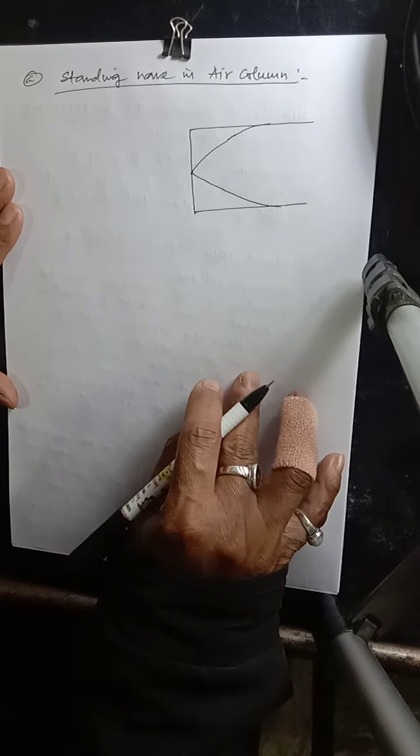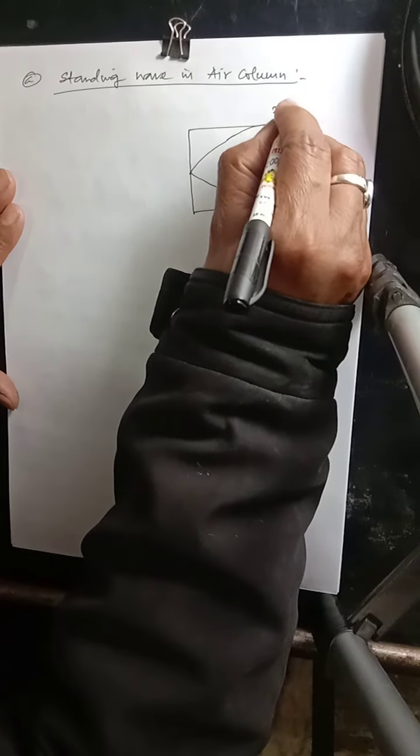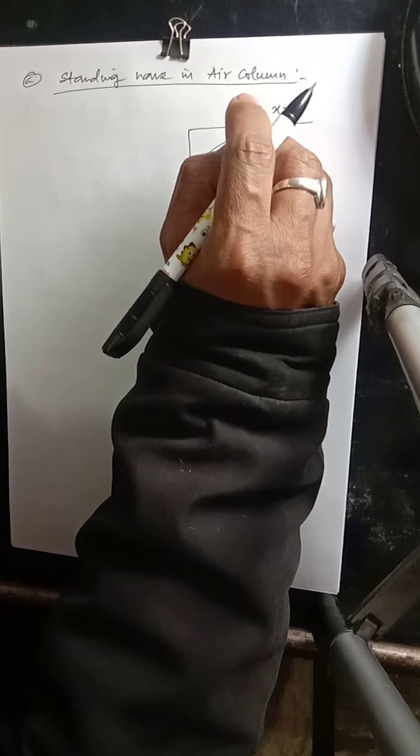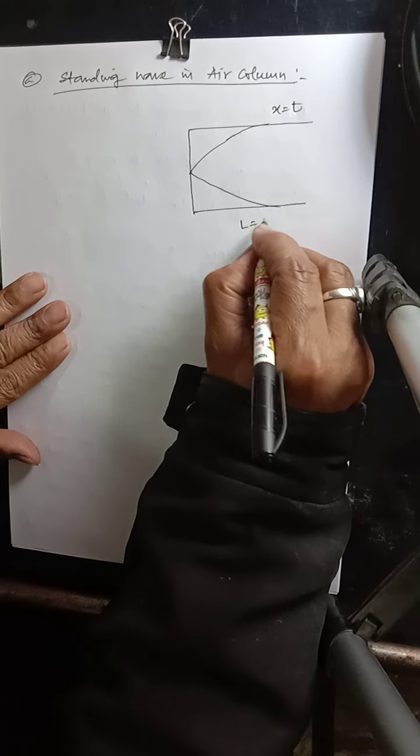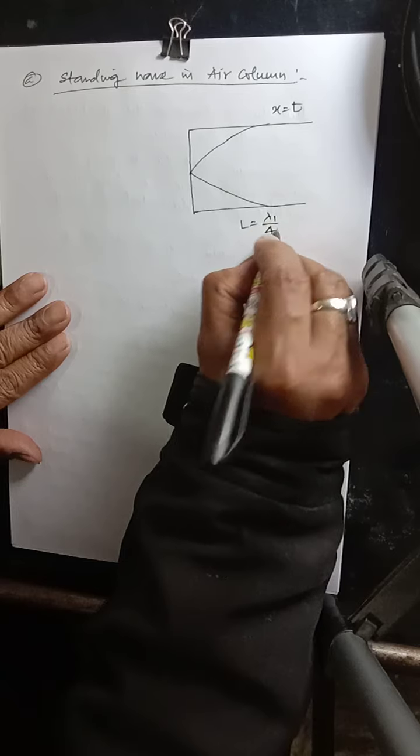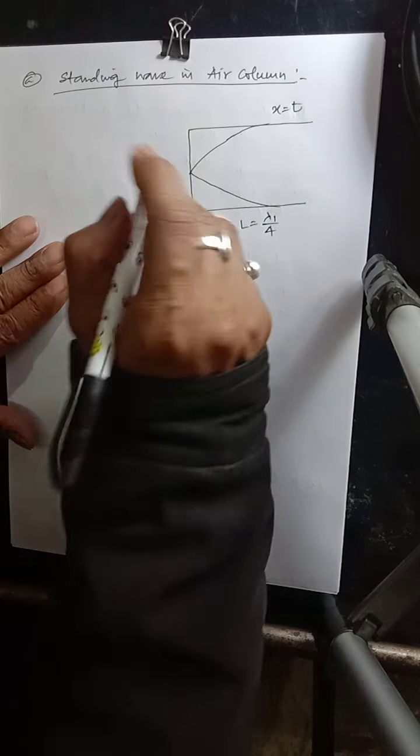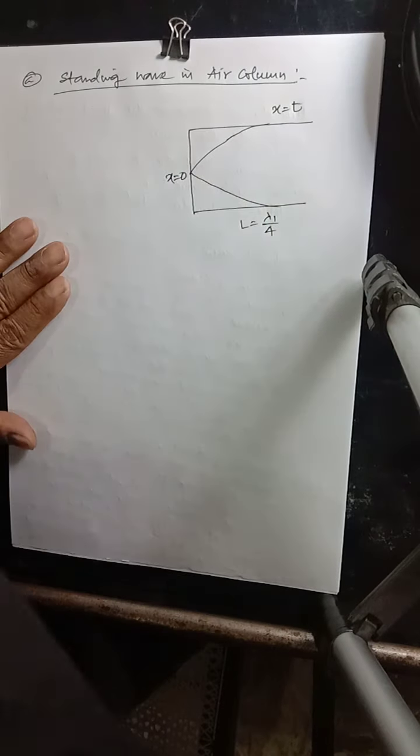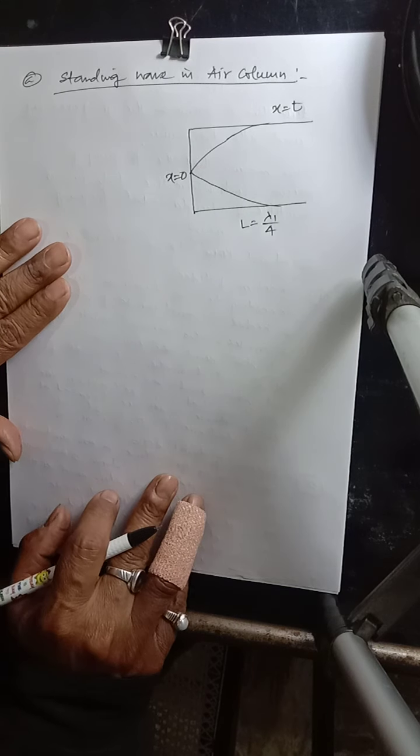This is the wave, and the length is equal to lambda by 4. Here at x is equal to 0.